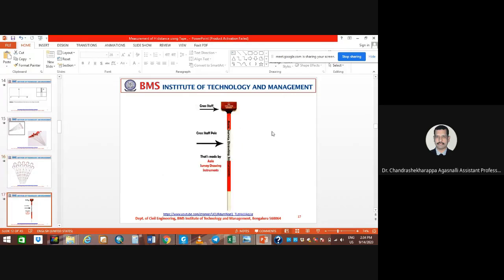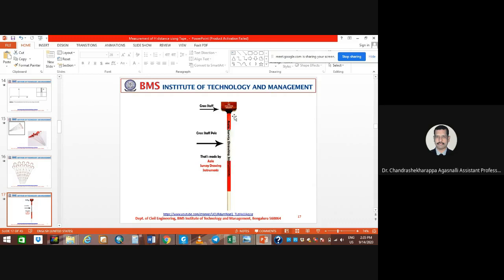The next point is the crossstaff. The crossstaff will be like this, and there are different types of crossstaffs. This is a staff and this is a pole, made from survey drawing instruments. Some are using a metal one, some are using a wooden one.